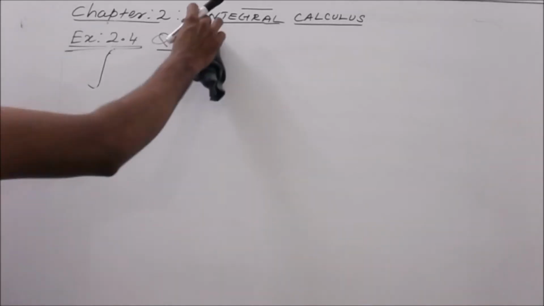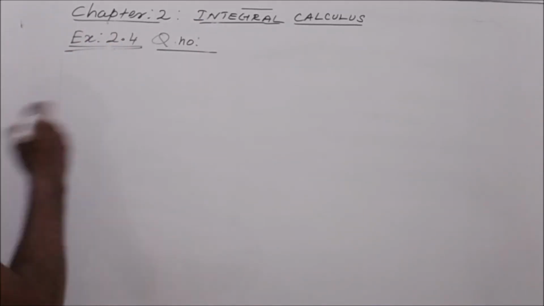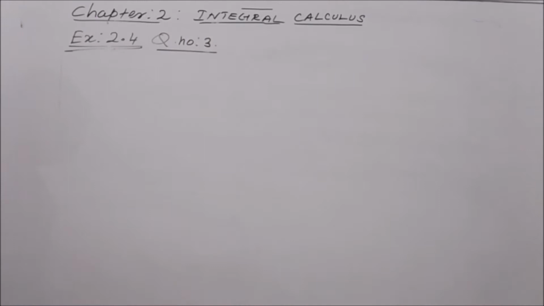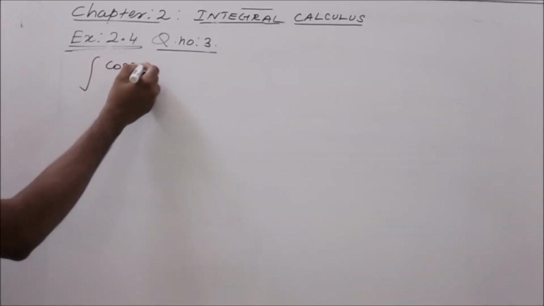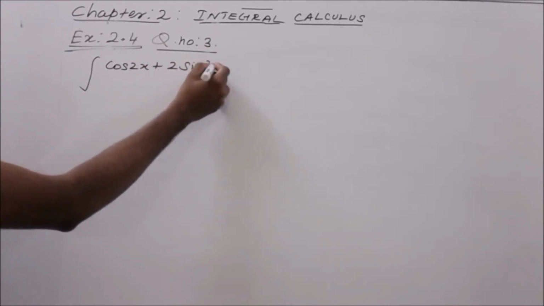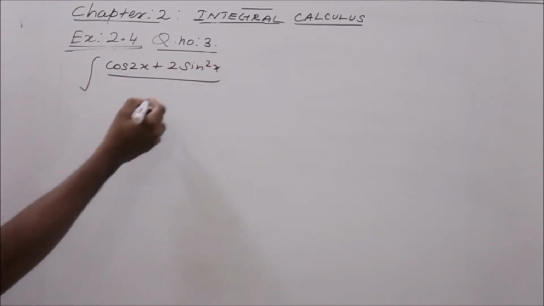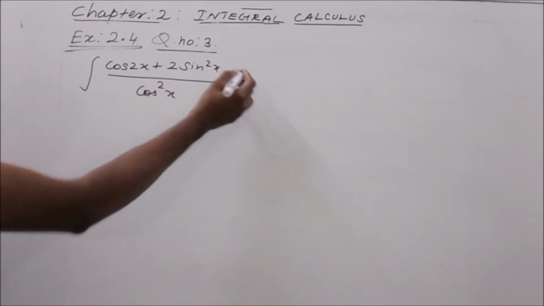Third question. Integral of (cos 2x plus 2 sin square x) divided by cos square x dx.